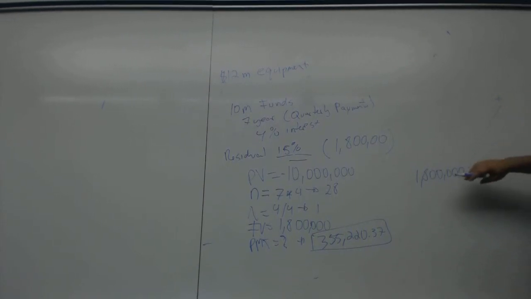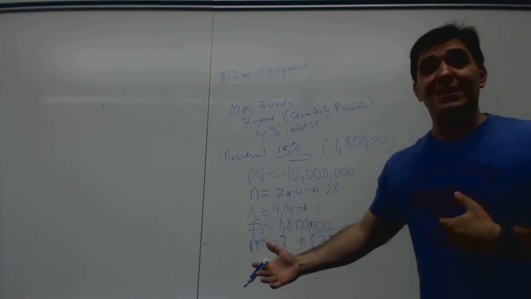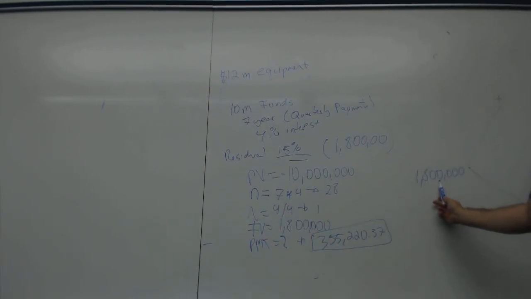So if the asset is worth $2 million, the company is not going to tell the bank to keep it, right? They're going to pay you. But if the asset at the end is worth less than 1,800,000, the company is not going to keep it. It's going to tell you, here's the car, keep the car, bank, and you as the bank have to go sell it, and you're going to sell it at a lower price.